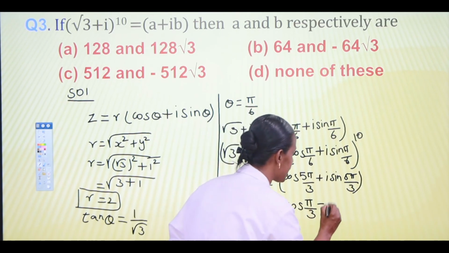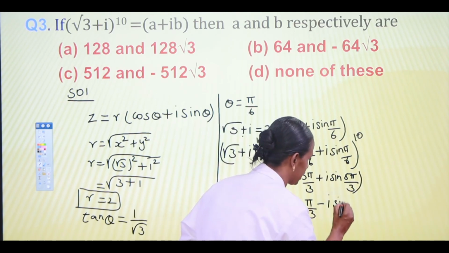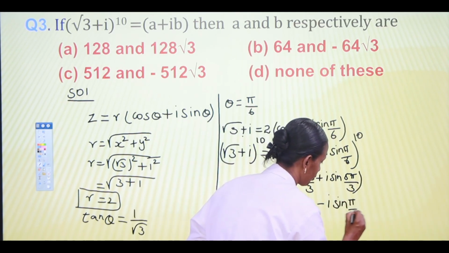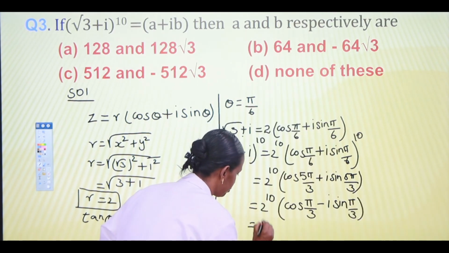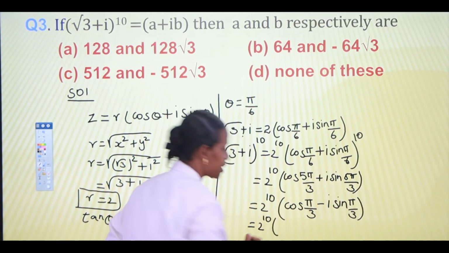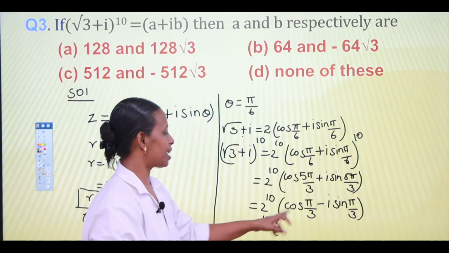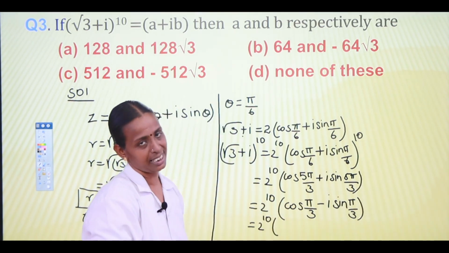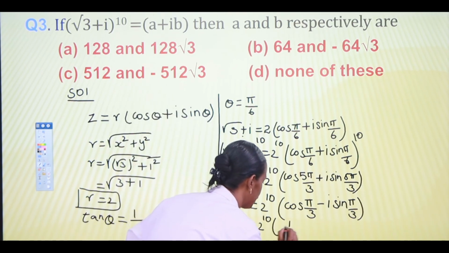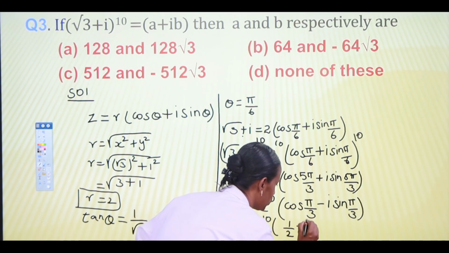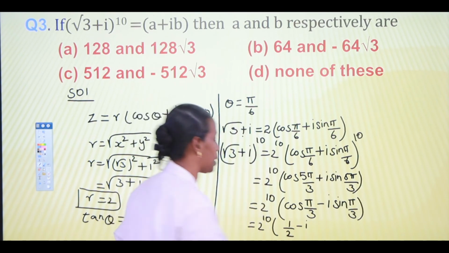So minus i sin pi by 3. So 2 power 10 times cos pi by 3, that is cos 180 divided by 3, which is cos 60 degrees. Cos 60 degrees value is 1 by 2, minus i into sin 60 value, which is root 3 by 2.